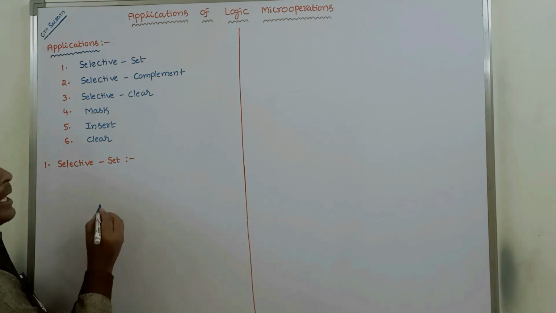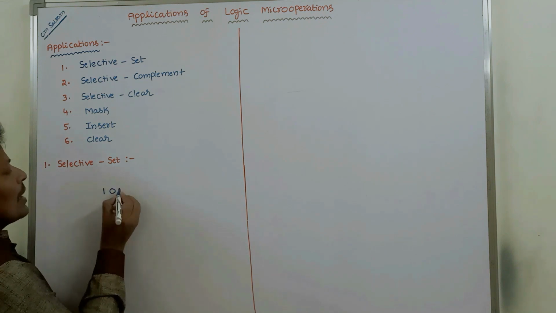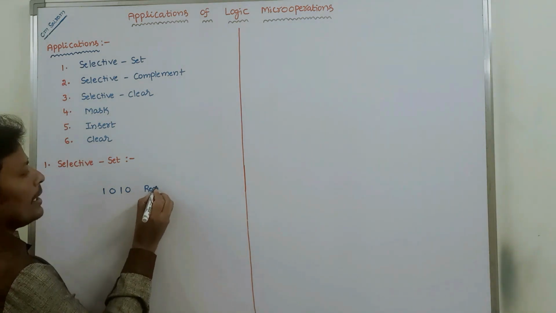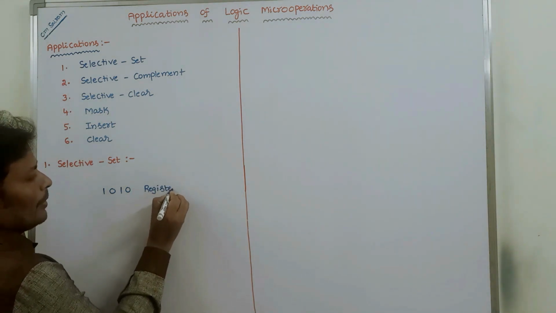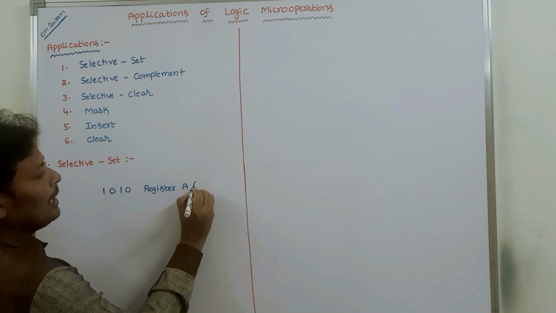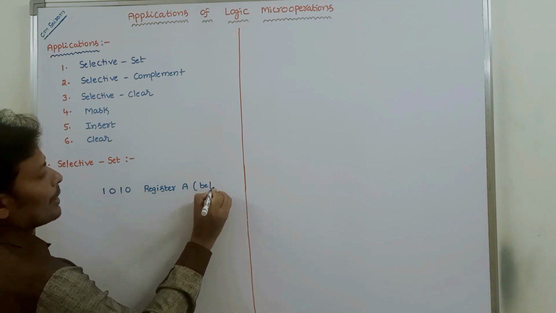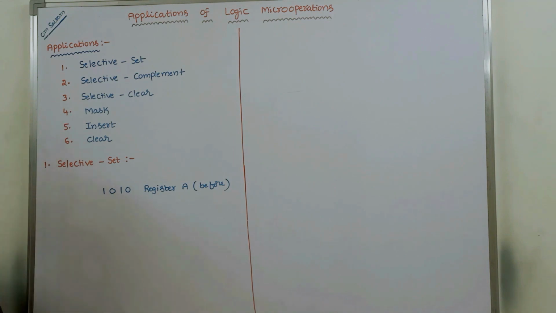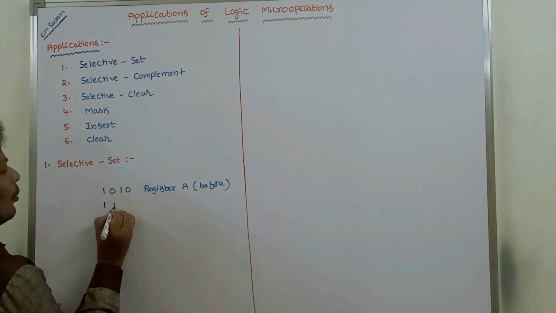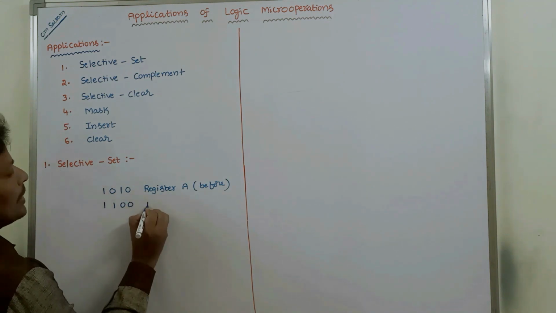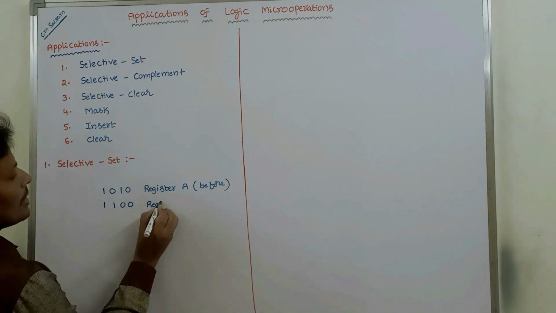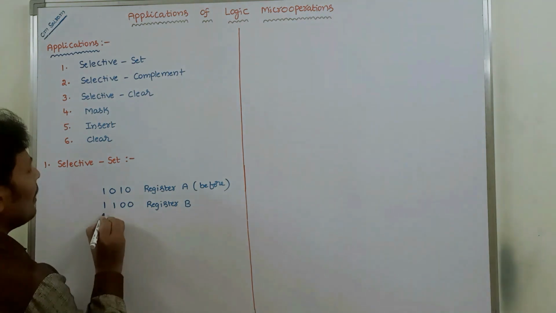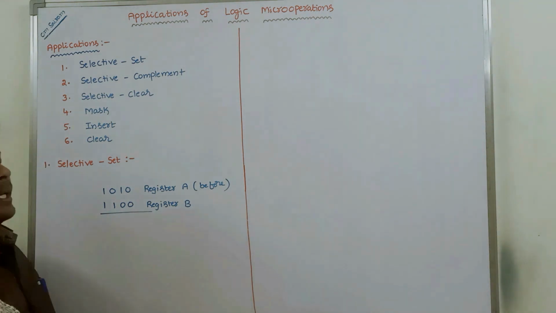Suppose I take 1010 stored in register A. Before performing the selective set operation, register A contains 1010. Next, 1100 is stored in register B. Now, how to perform the selective set operation?